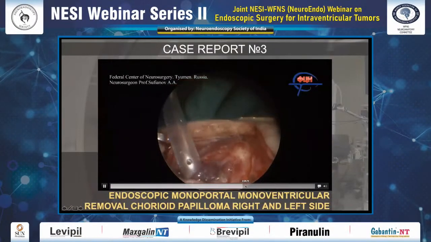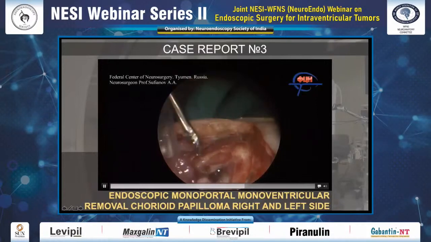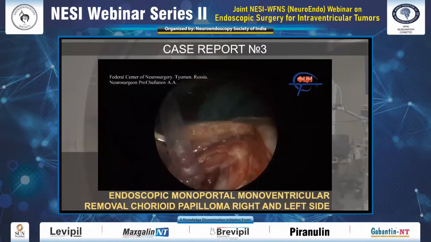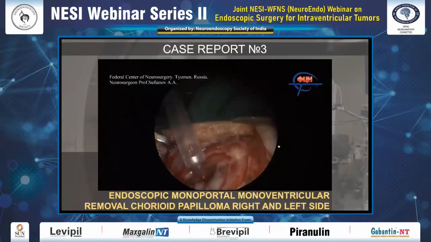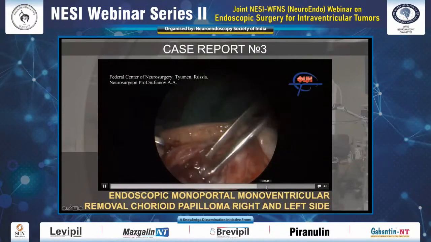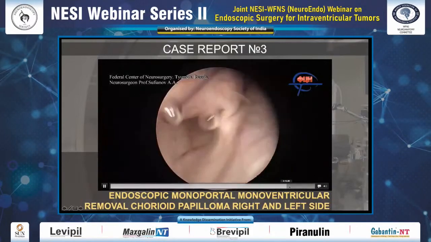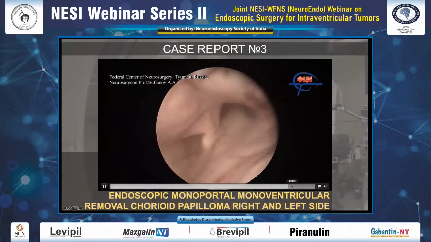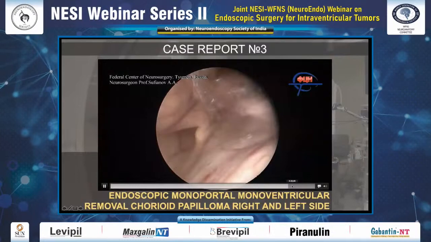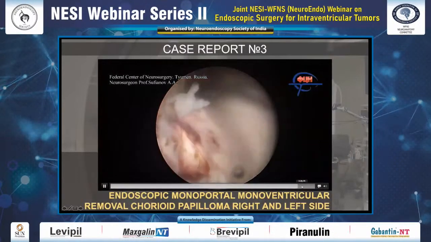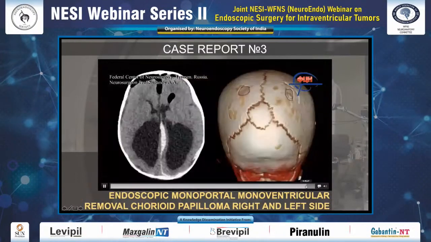And then remove from the other ventricle. Also, you see, a very small port, but it's possible to remove a big tumor. Check the ventricular system, no tumor inside, so completely totally removed.